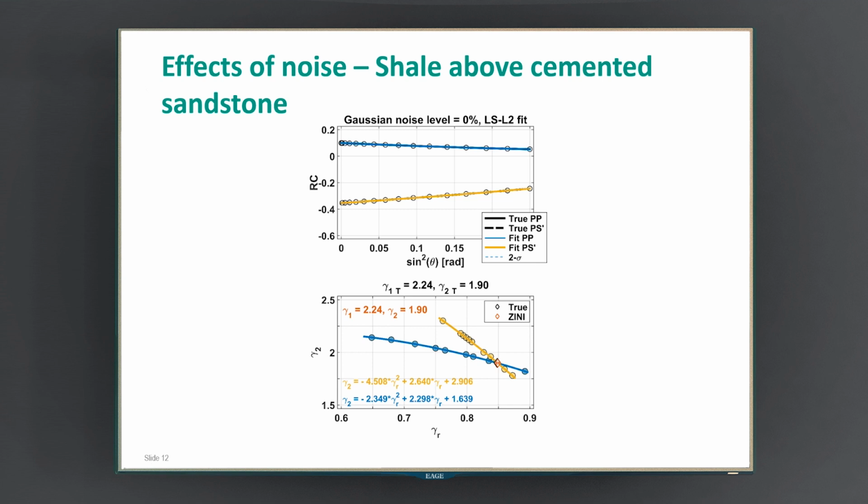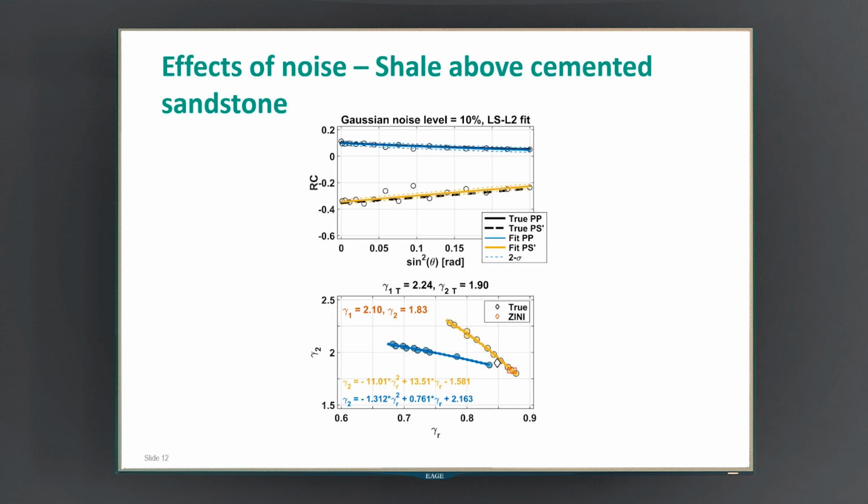It is always instructive to see how the inversion method will perform in the presence of noise. The test is conducted on reflection coefficients generated from the interface between shale and cemented sandstones. As seen before, in the noise-free case, the true gamma 1, gamma 2 pair is reconstructed by the Zinio method.